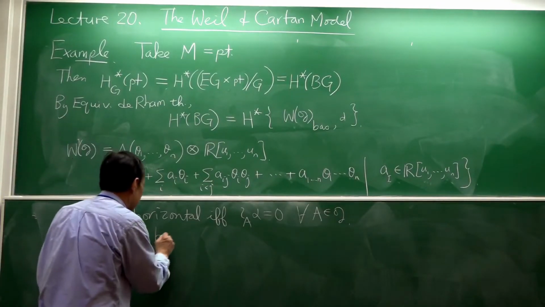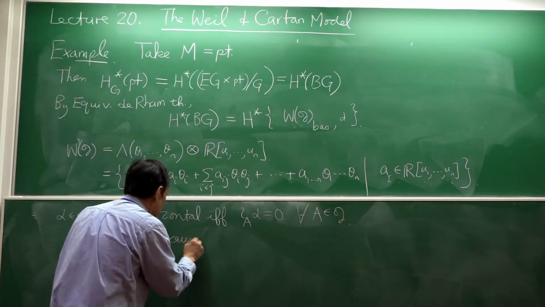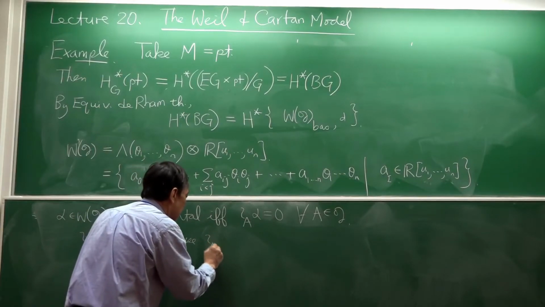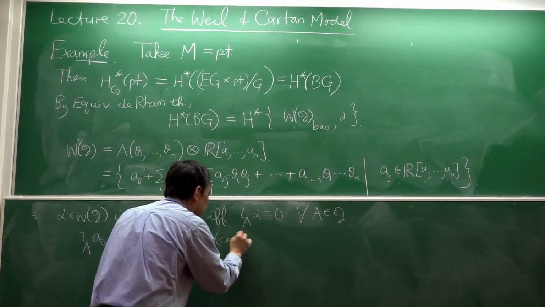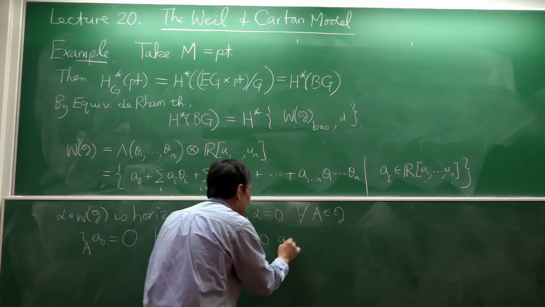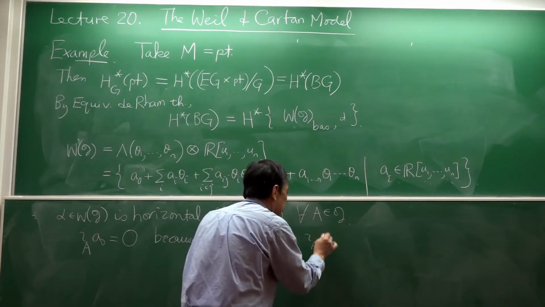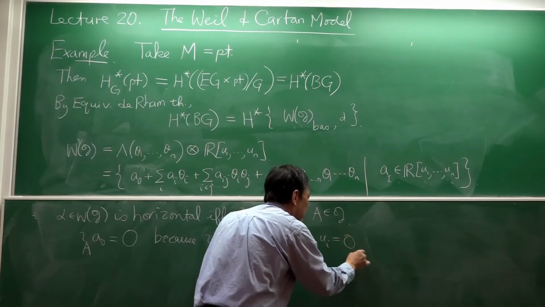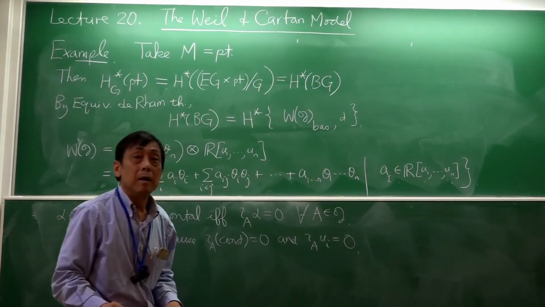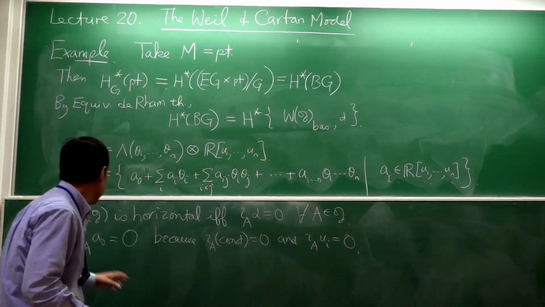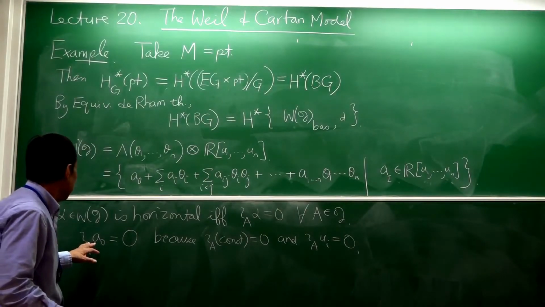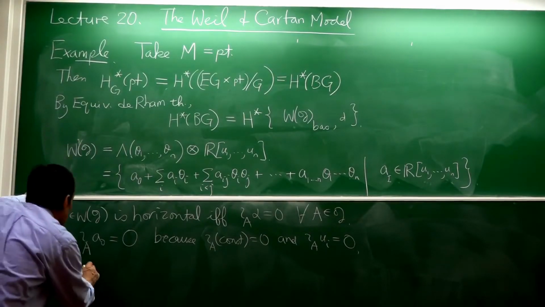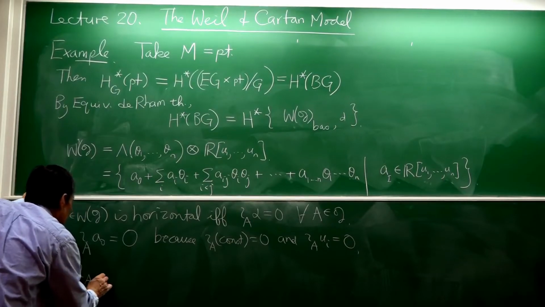So because IA of a constant is 0, and IA of any UI is 0. Okay, now what is IA?